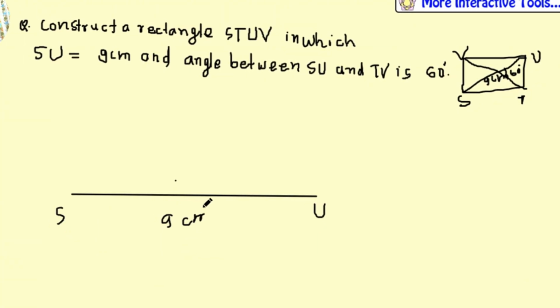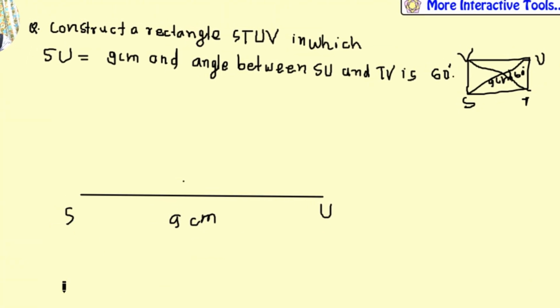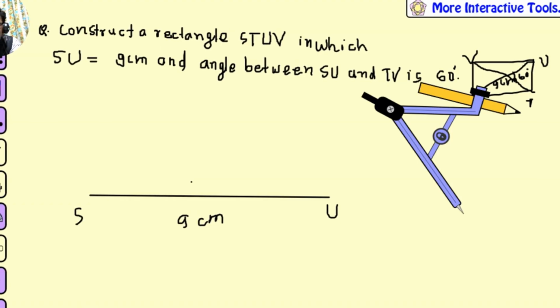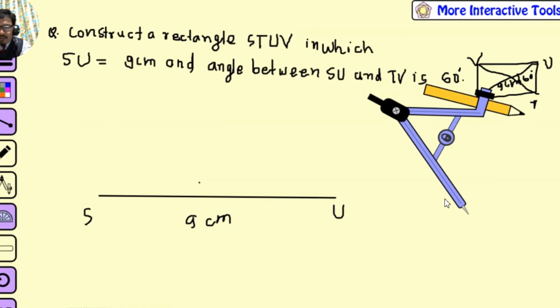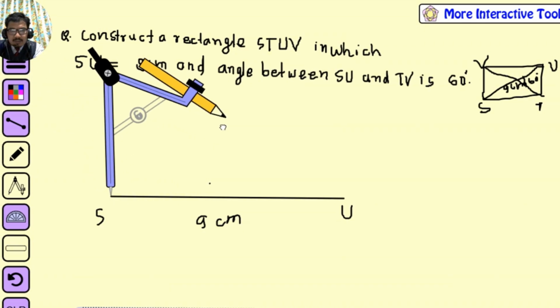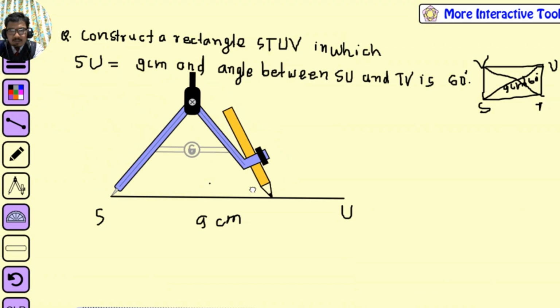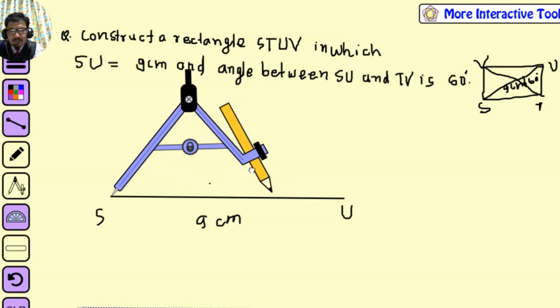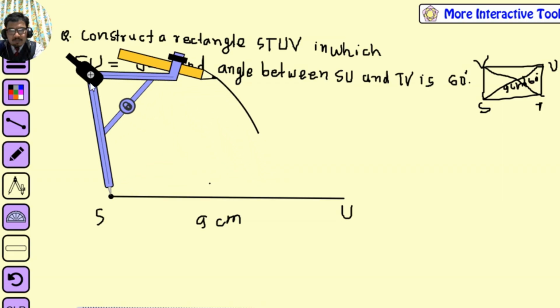As we know that the other diagonal will also be 9 centimeter, and they bisect each other. That's why we are taking more than half arc, cutting here up and down like this.